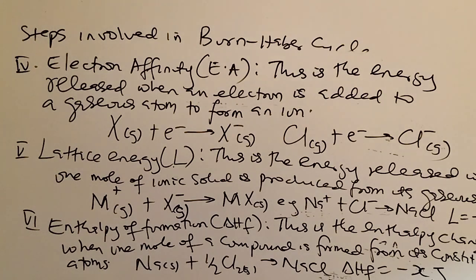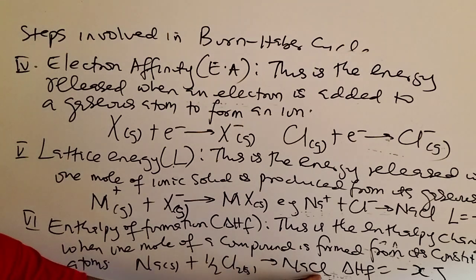Then the sixth energy in this process is called the enthalpy of formation, delta HF. We study the enthalpy change when one mole of a compound is formed from its constituent elements. We're forming one mole of sodium chloride from sodium and chlorine. Since you need one mole of sodium chloride here, we have to put half here, so that half times 2 gives us 1.